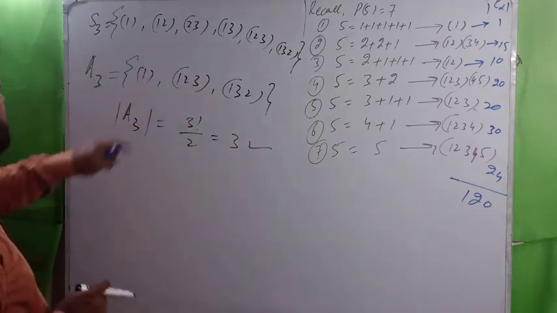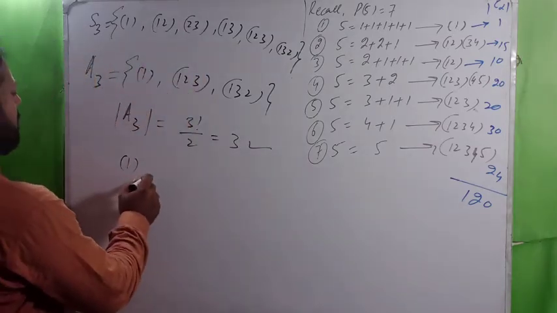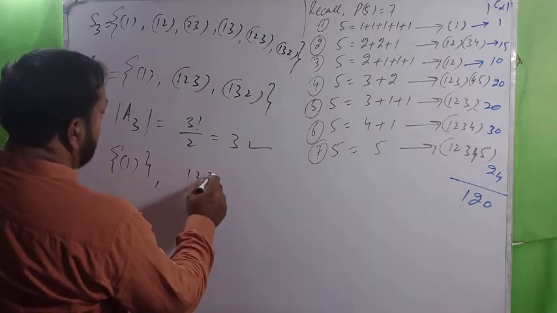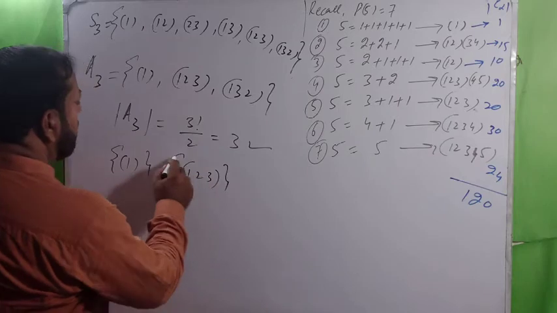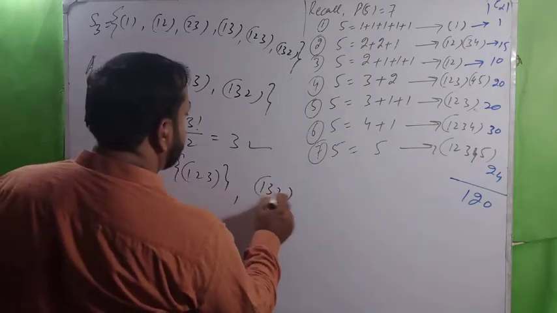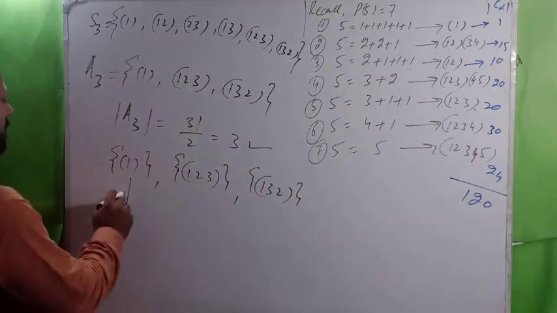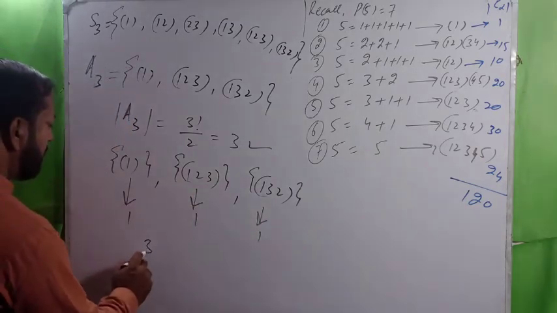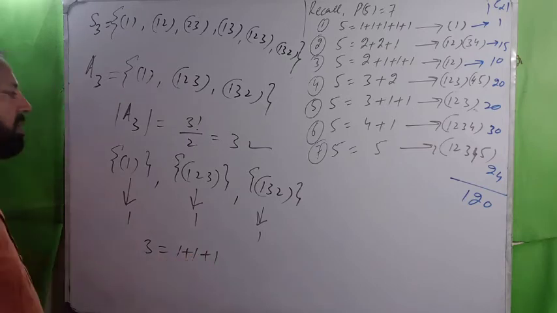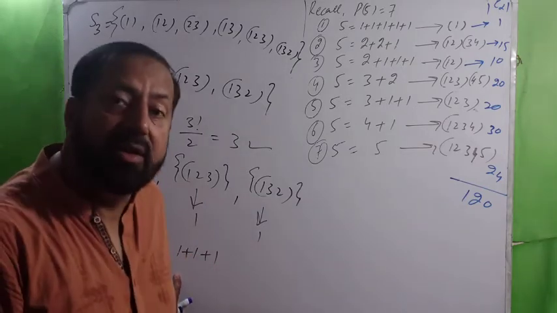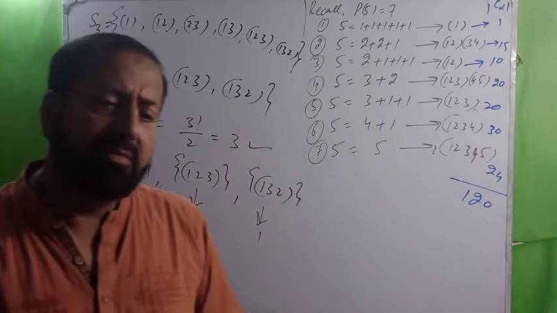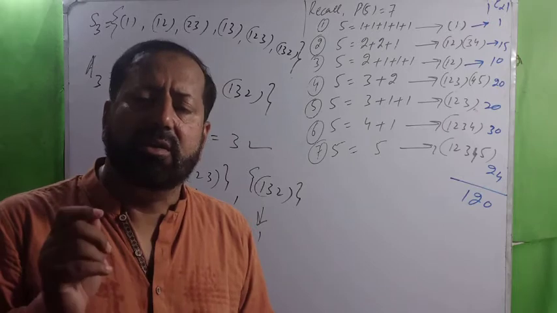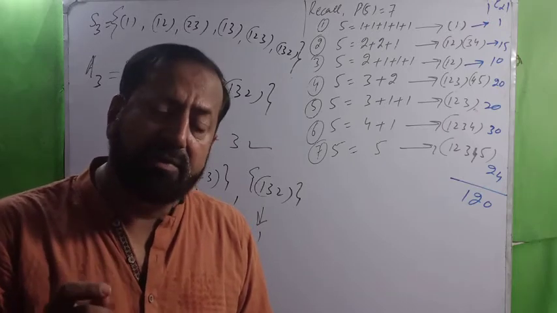So its conjugacy classes are 1, and 1 2 3, and then 1 3 2. So the class equation is 3 is equal to 1 plus 1 plus 1. This is the class equation for A3, because A3 was abelian, so every element was self-conjugate, containing exactly one element, which is itself.